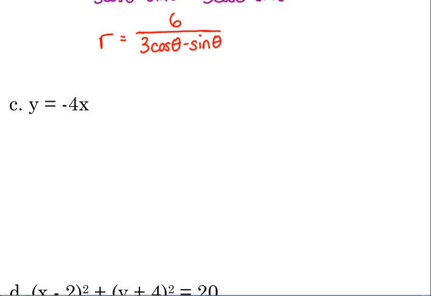We've got y is equal to negative 4x. So let's do this one. We've got r sine of theta is equal to negative 4 r cosine of theta. So if we are trying to solve for r, right now it's on both sides of the equation.